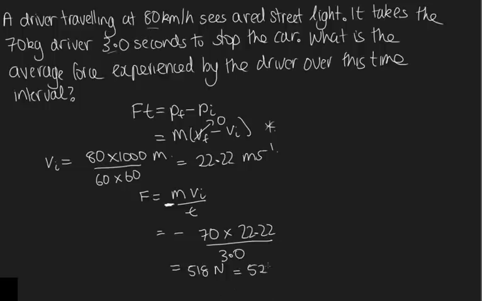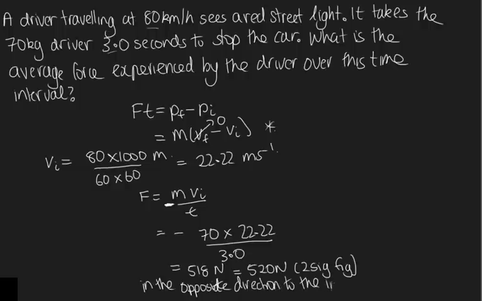So that's equal to 520 newtons. We've gotten rid of the negative sign, so to account for that, we should say in the opposite direction to the initial velocity.